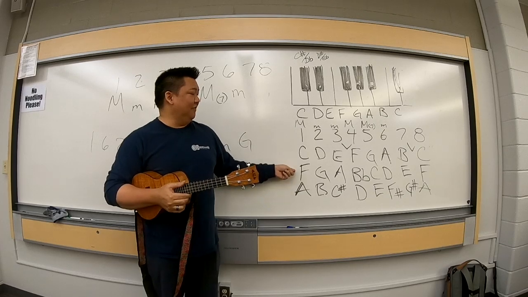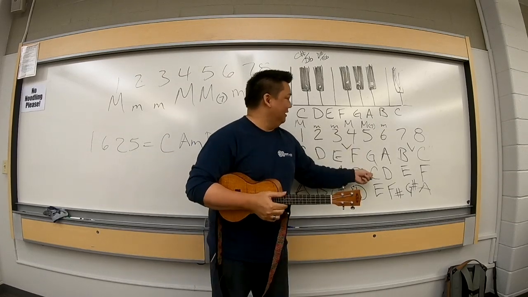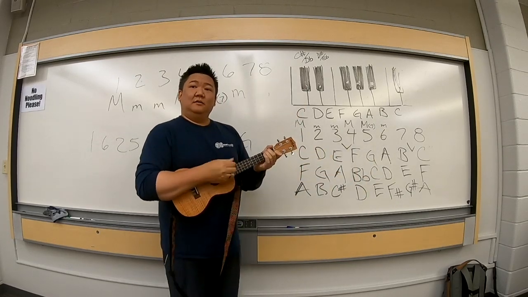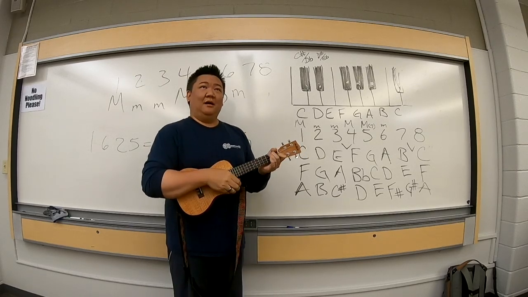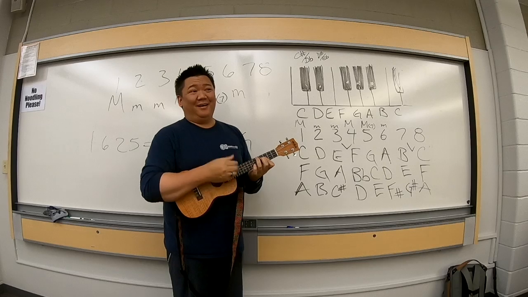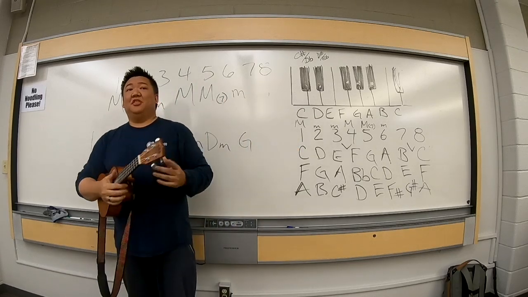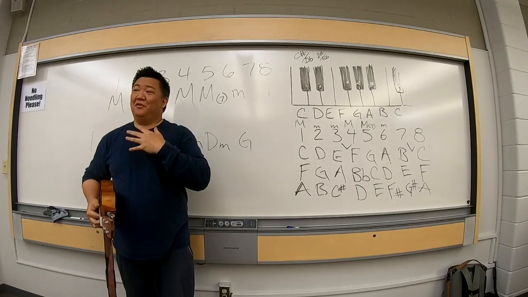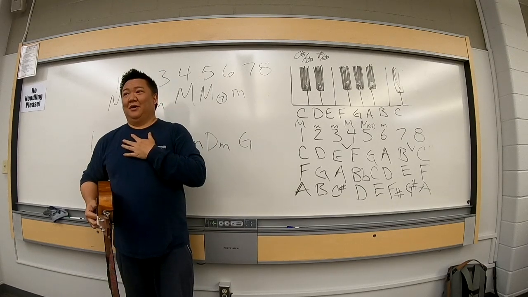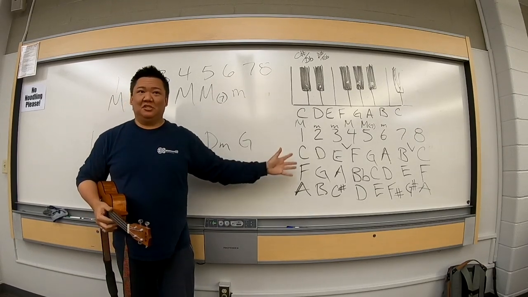F major, and then B flat, C. And all of a sudden, this is how we're going to transpose songs to match your voice, where you don't have to completely change the whole song.